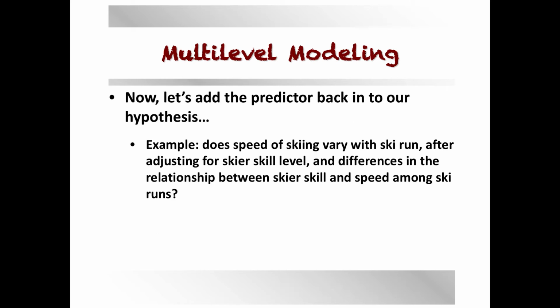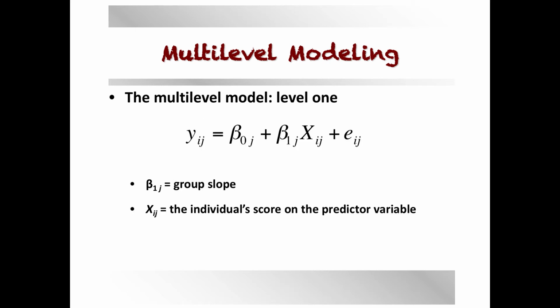But there's more depth to what we can do with this multi-level modeling stuff. So this is the full prediction now, adding in the adjustment for skier skill level and a test for differences in the relationship between skill and speed on the different ski runs. So let's see how this plays out. Now we're looking at slopes. So we've got the beta 1 now.